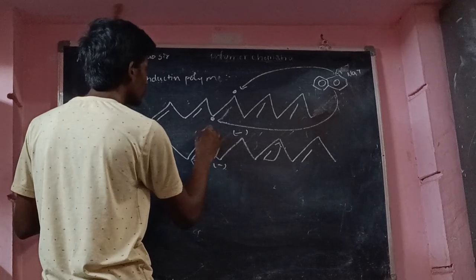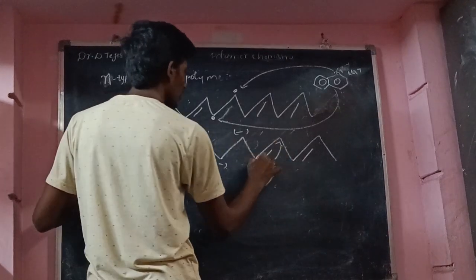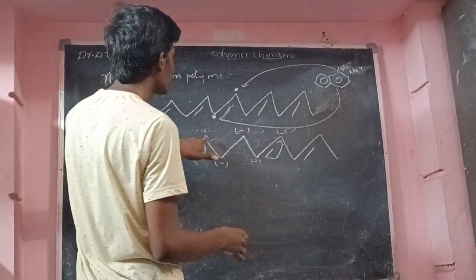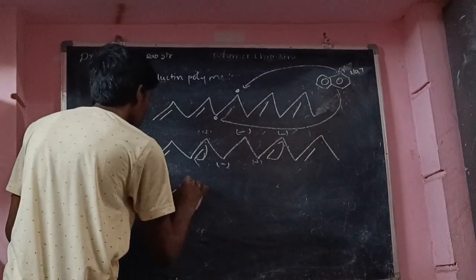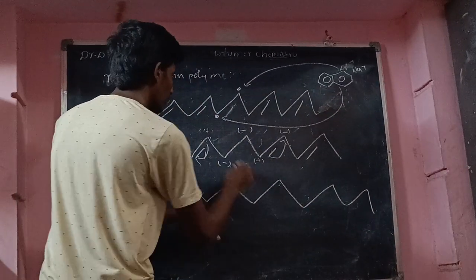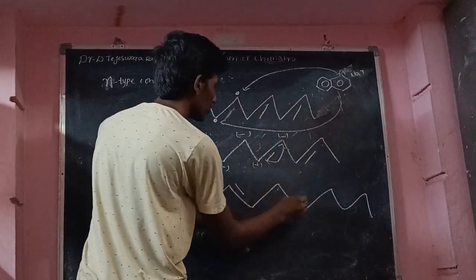Then we get a positive charge here and a negative charge here. Positive charge and negative charge become a bond. Positive negative bond, positive negative bond.